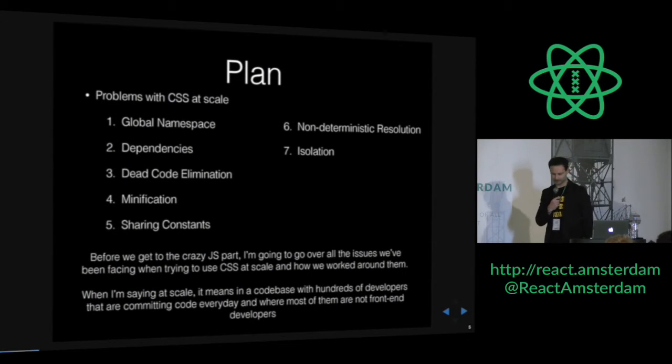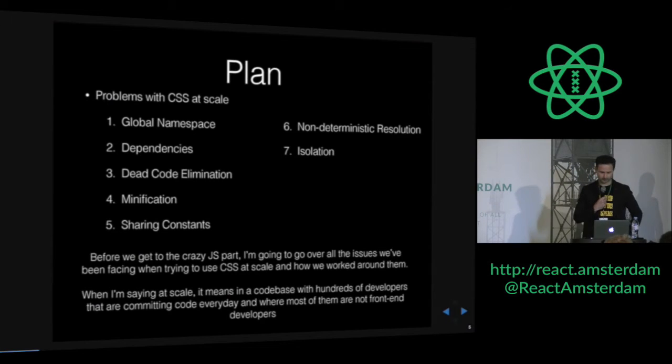And this is the famous slide from his talk. He pointed to seven things: global namespace, dependencies, dead code elimination, minification, sharing constants, non-deterministic resolution, and isolation.